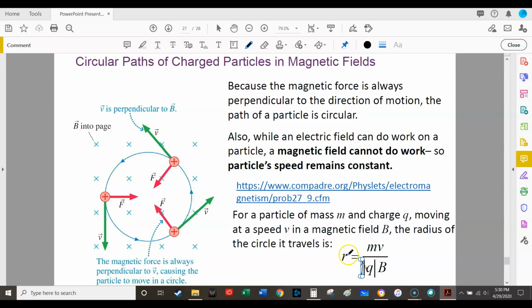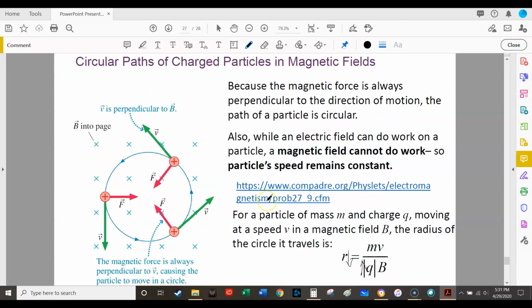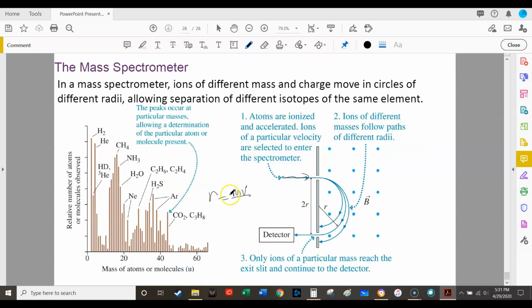Well, charge and radius are going to be inversely proportional, right? And so I'll copy this equation over here. R is equal to mv over qB.